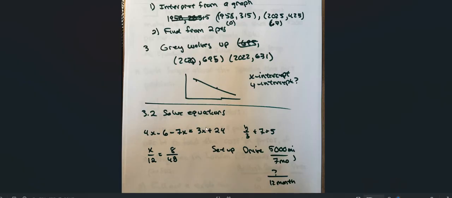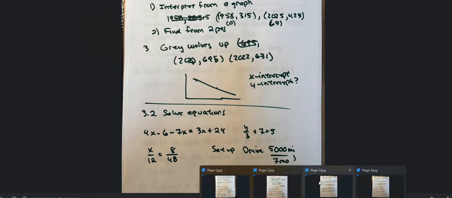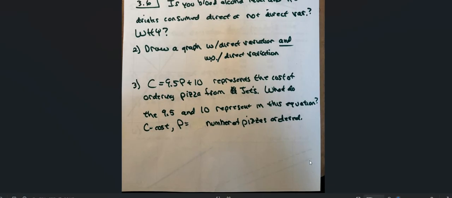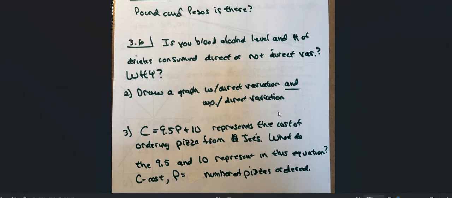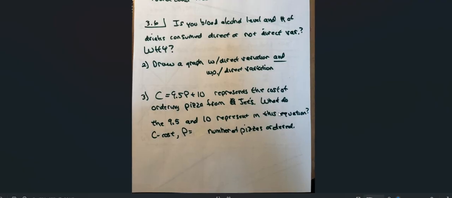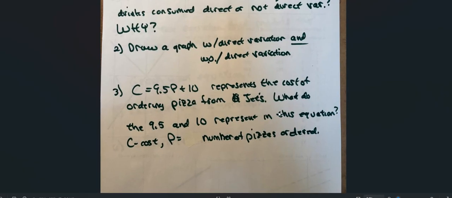Solving system equations. I will get these posted as soon as I can, like as soon as I grade your stuff here. I don't have anything for section 3.8 and 3.9 because you just had a quiz on that stuff. So that part I didn't do, but I will post some of these if you want to look at something.